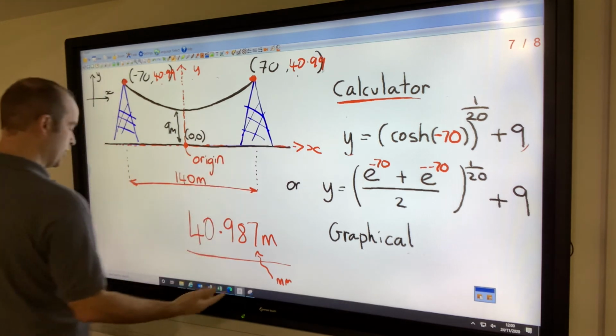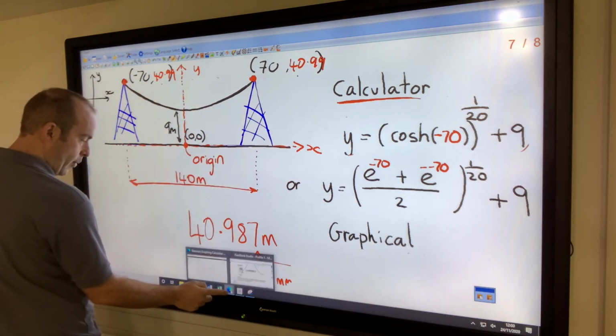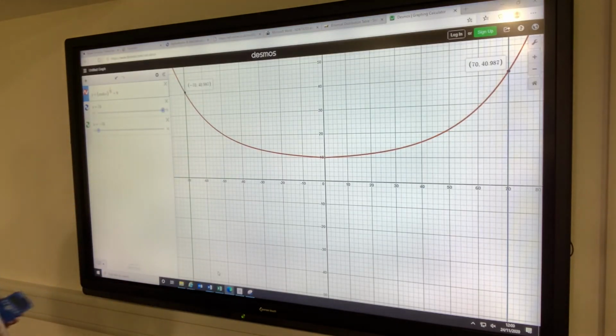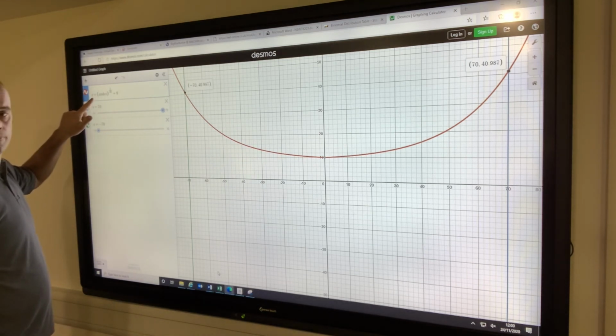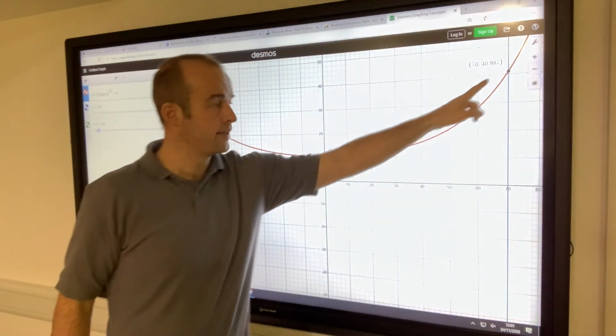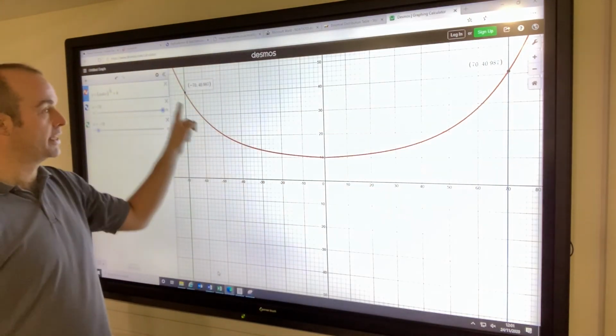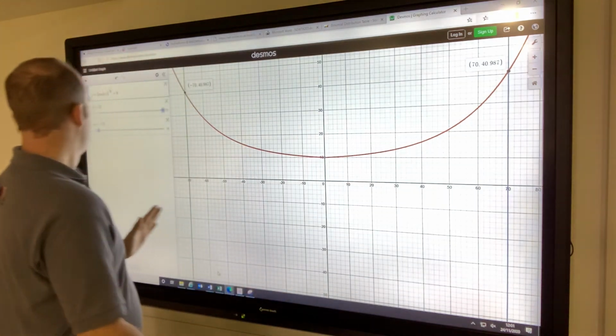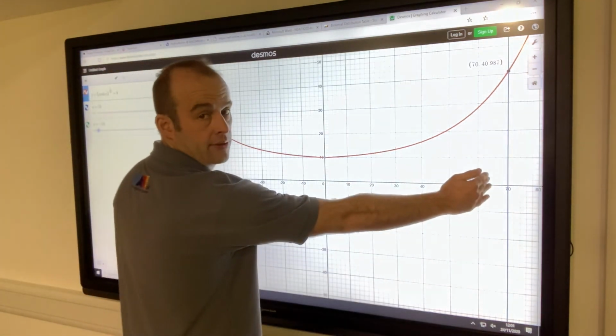So what I've done then is I've used a website called Desmos. I've typed in the function here. Okay, and that gives me my nice red pathway there, my nice continuity there. The pylons are simulated with these lines here.